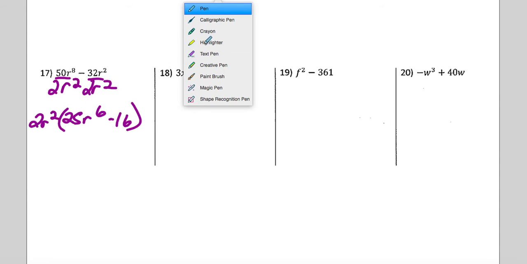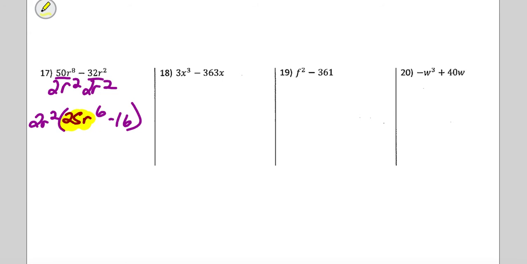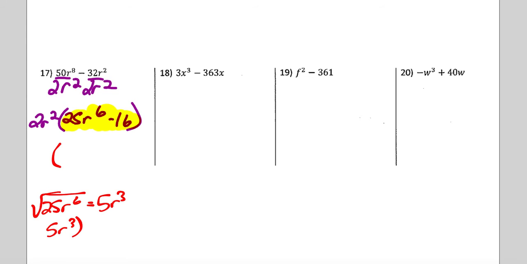So same deal as last time. That's great that we factor out a GCF, but let's try to keep going. Can we factor what's left in the parentheses? Yeah, so the square root of 25 r to the 6th is 5 r to the 3rd. So what is 5 r to the 3rd squared? Well, I hope it is 25 r to the 6th. A lot of you are probably believing the 25.